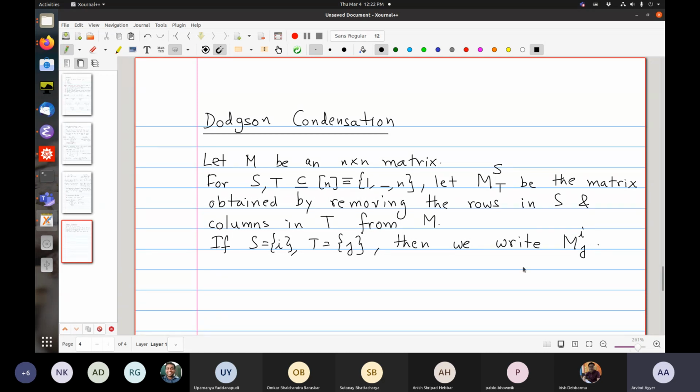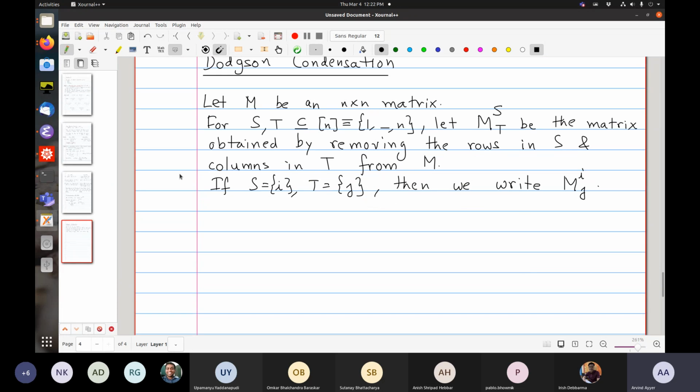Okay. So here is an important theorem called the Desnanot-Jacobi identity.